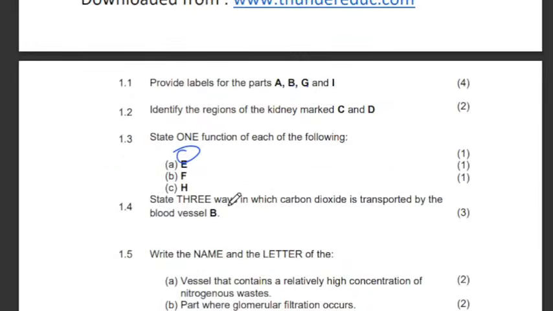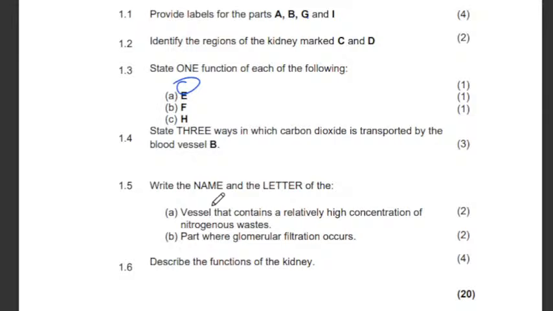Then we go to the next question. They're saying name 3 ways in which carbon dioxide is transported in the blood. How is carbon dioxide transported? Carbon dioxide is transported in 3 ways. Through bicarbonate, I'm going to explain.